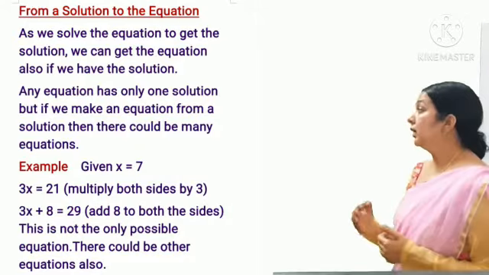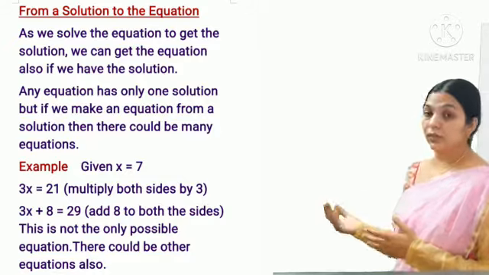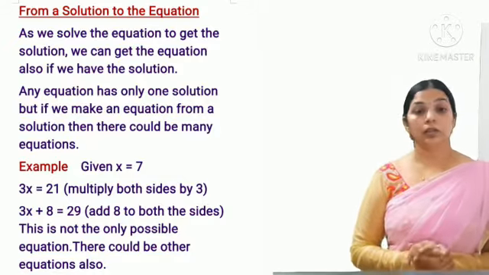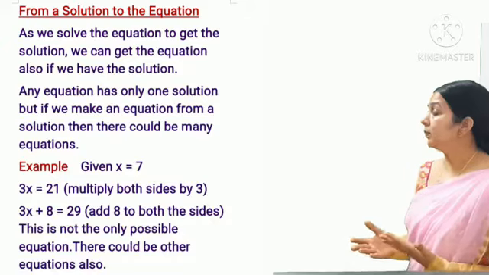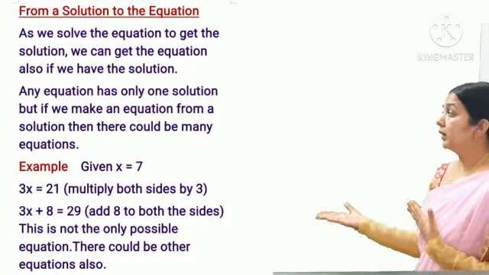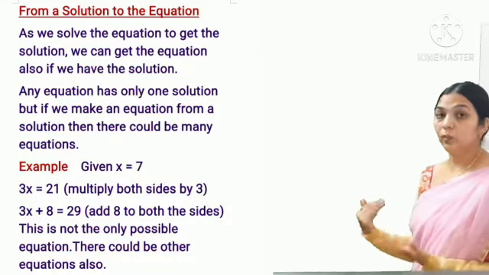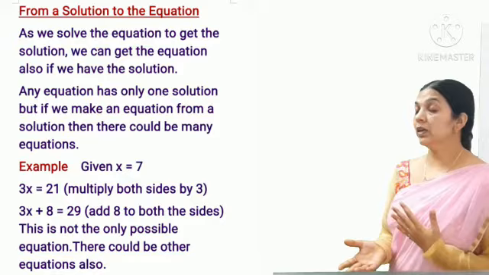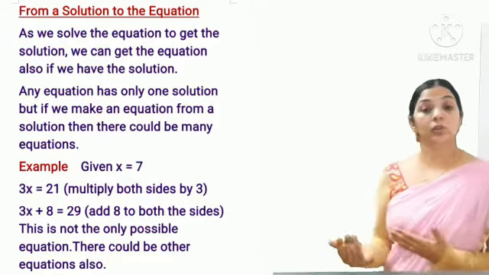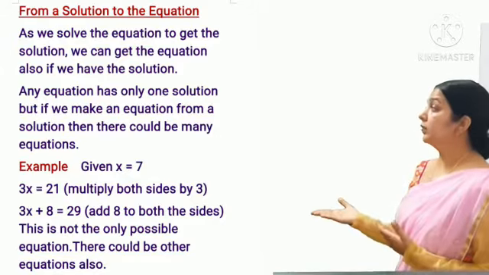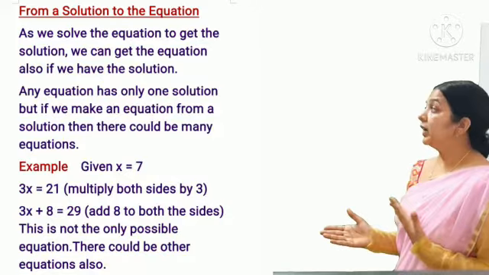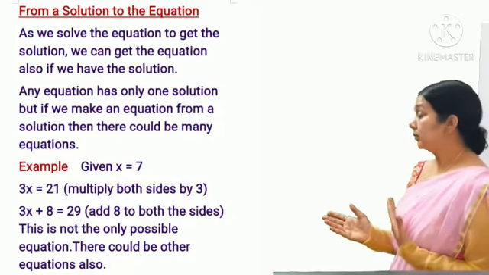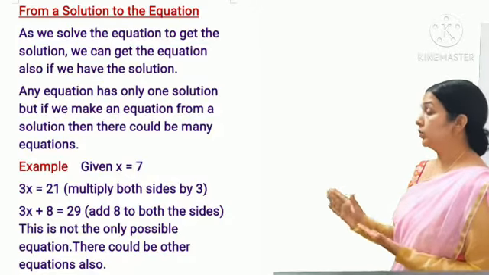For example, given that x = 7, this is the solution given to us. Now we want to make an equation, so we can simply multiply 3 on both sides, so it becomes 3x = 21. So it is also an equation. When we solve this equation, we will get x = 7. Or we can first multiply by 3, that means 3x = 21.